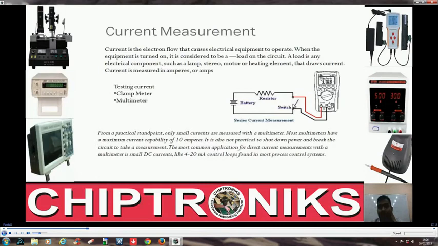So it's not advisable to measure current while the circuit is on, right? Because in that case a very high value of current might enter your multimeter and might damage it. Measuring current can be done in two ways: one is a clamp meter and another is a normal multimeter. So it is really not advised to measure current.